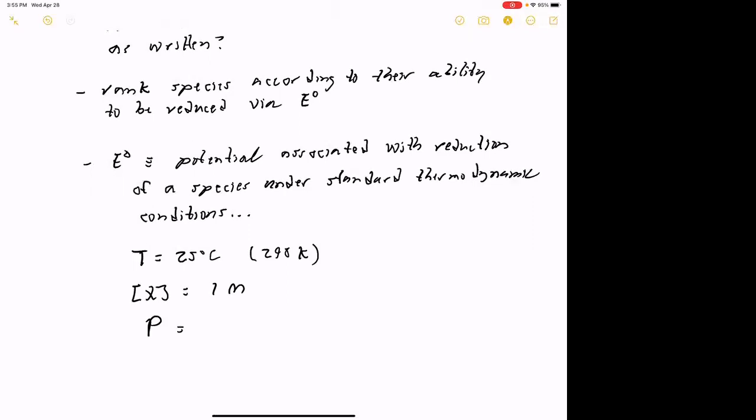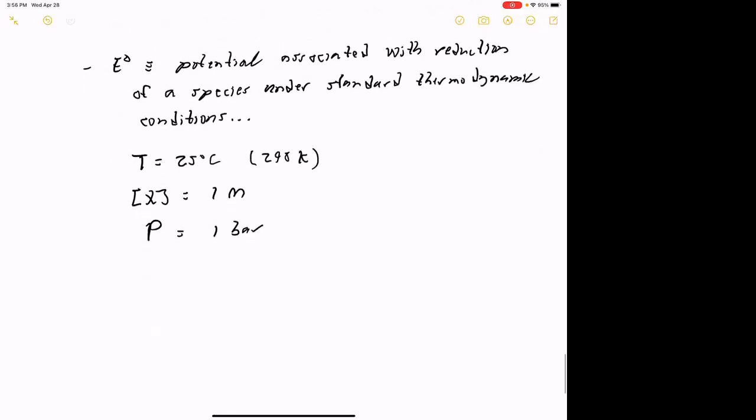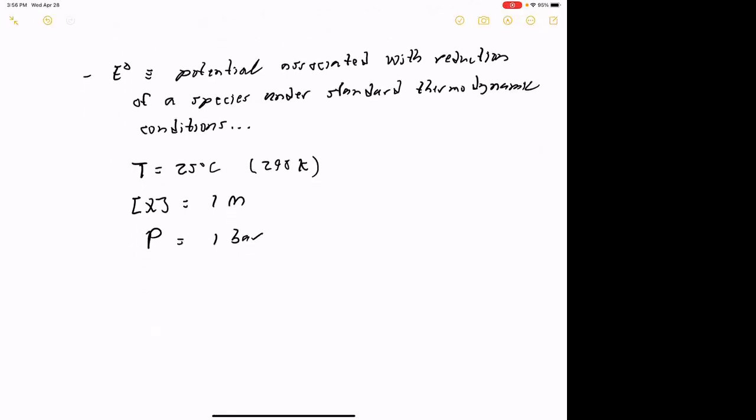Pressure standard is 1 bar, which is almost the equivalent of 1 atmosphere. Okay. So basically, we're talking about an atmosphere of pressure, room temperature, and 1 molar concentration. All right. So whenever you see E0 values, you know that those values are made under these specific conditions.